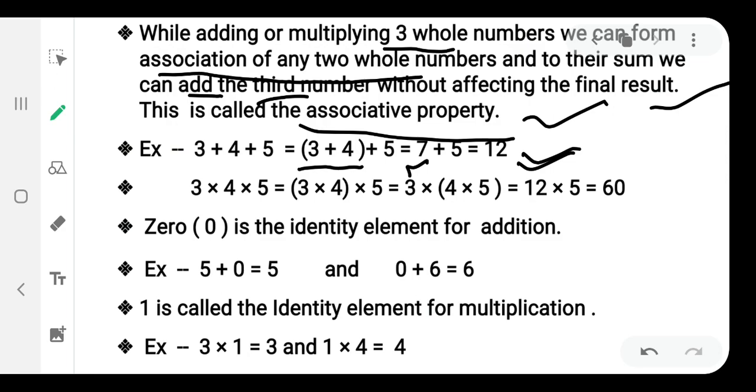Okay. Now see the example of multiplication. 3 into 4 into 5 equals, in bracket 3 into 4 and outside the bracket multiplied with 5. So 3 fours is, see here it is shown. First I made the bracket, I associated these first two numbers, and after that I took these last two numbers.